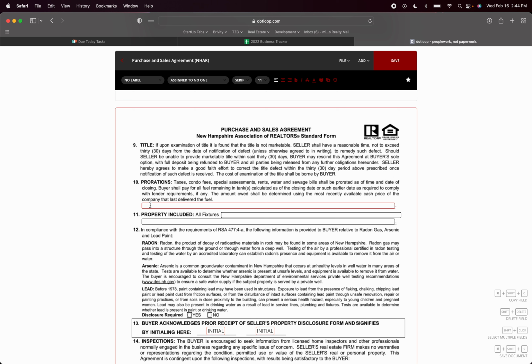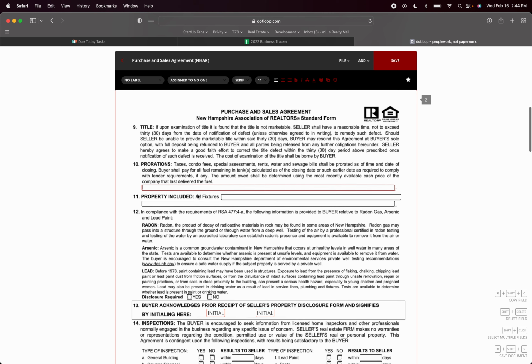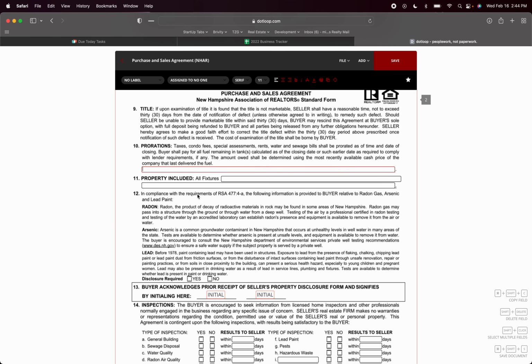NA really doesn't mean anything in this section, so just keep that in mind. But in general, this paragraph is pretty all-inclusive. Again, those property taxes, condo fees, everything is going to be prorated as close to closing as possible.